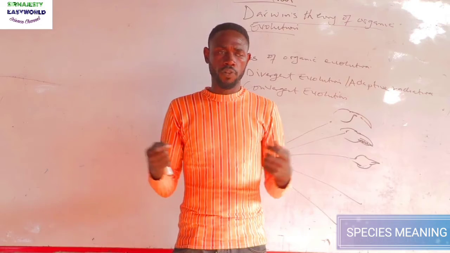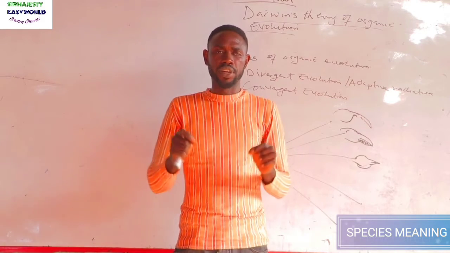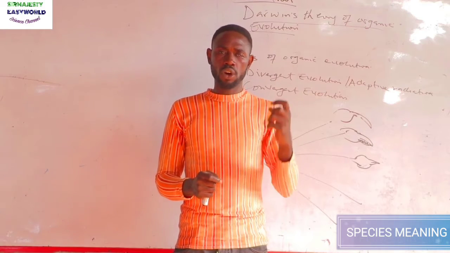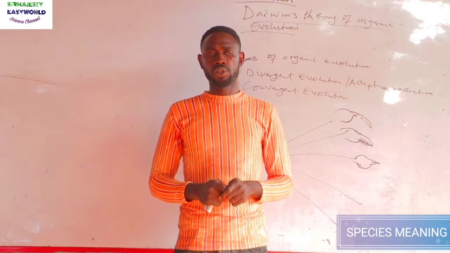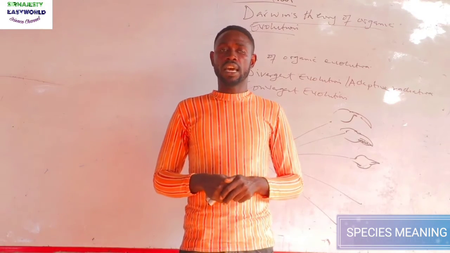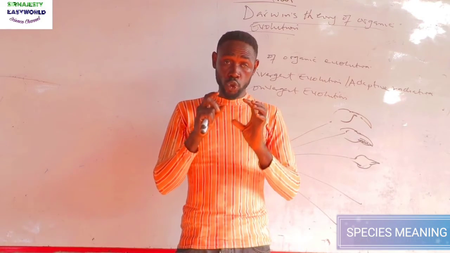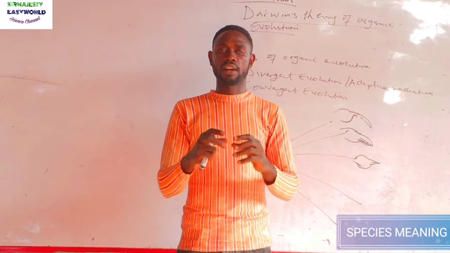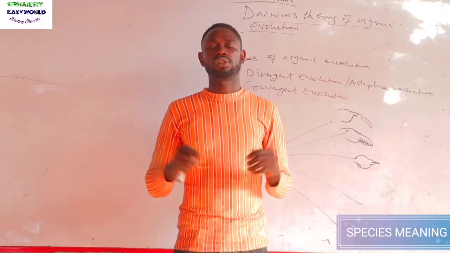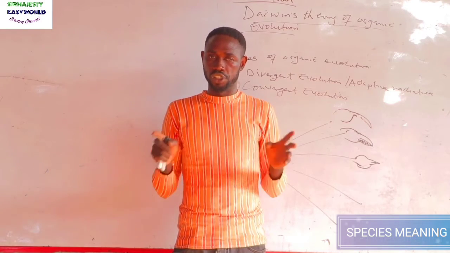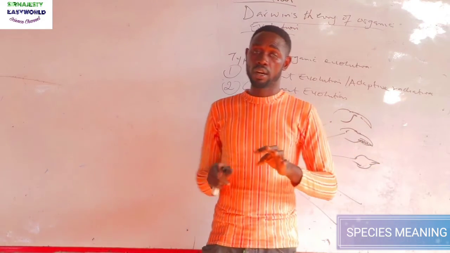A species is a group of organisms that can freely interbreed between themselves to produce fertile offspring of their kind. Any two organisms that can interbreed and produce something that looks like them are referred to as a species. Remember, in biology, there is nothing like specie. You must put the S, whether plural or singular.